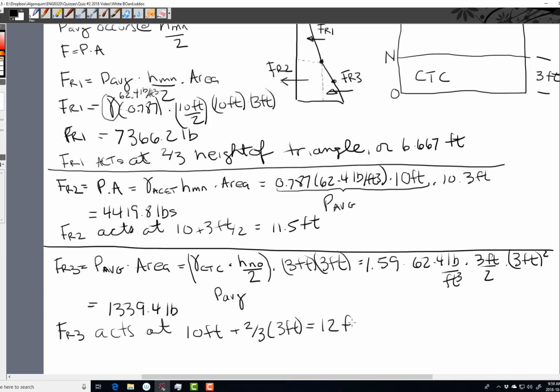That is where the resultant of this pressure triangle acts. So now we have FR3, FR2, FR1.